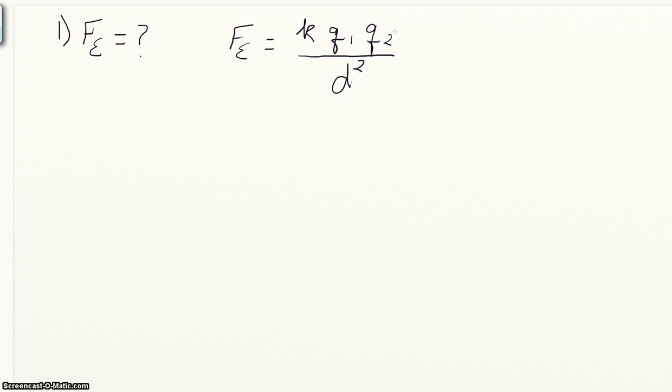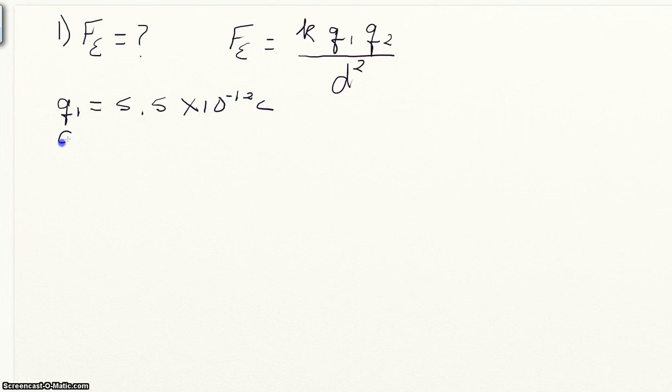So let's write out all the clues that we have. We already know what K is, and so let's write out Q. So Q1, as it was said in the problem, and you can look back at the problem if you want to, is 5.5 times 10 to the negative 12th coulombs.